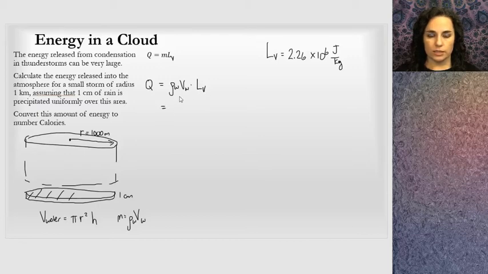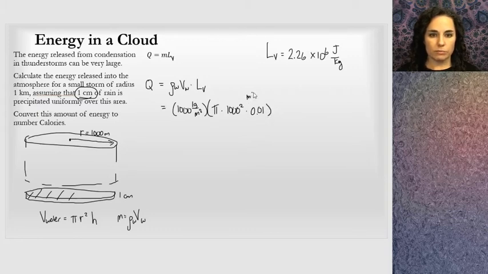So let's get all this in here. Rho water is 1,000 kilograms per meter cubed. The volume of the water is going to be pi times r squared, which I know is 1,000 squared. We have 1,000 squared. And then the height is 1 centimeter, right? This is the height of water, 1 centimeter. So I'm going to put 0.01 meters in here.